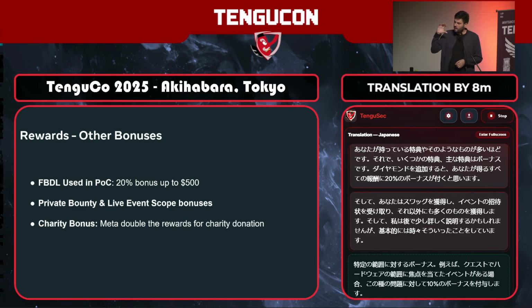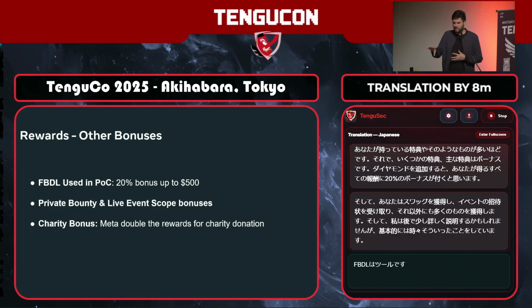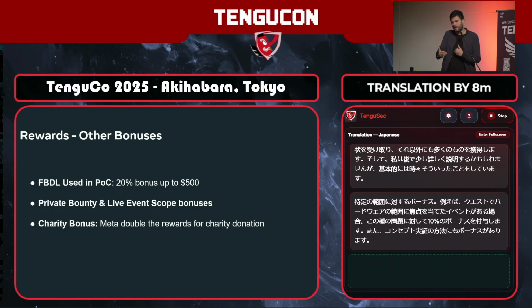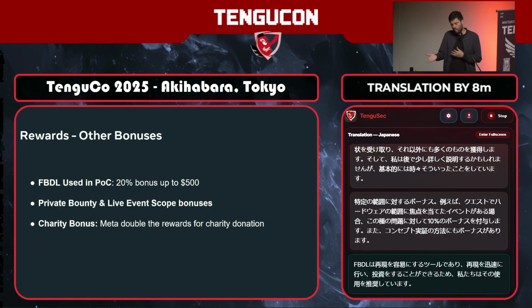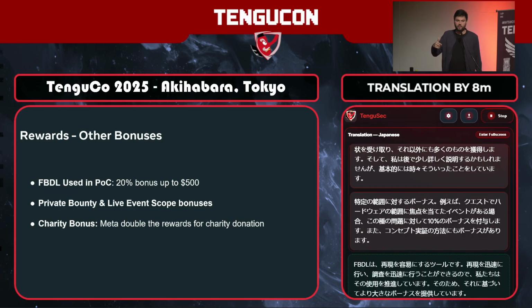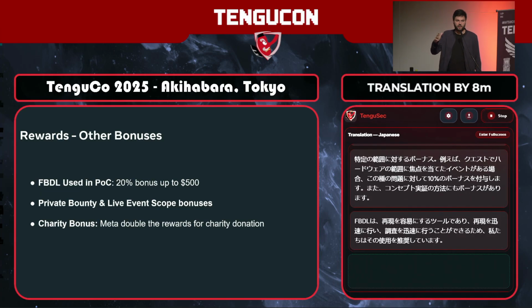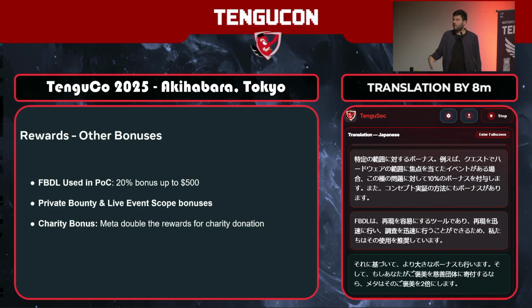FBDL is a tool that can make reproduction easier, and we incentivize using it because it makes reproduction faster and investigation faster. So we do award a bonus also based on that. And if you give your reward to charity, Meta will double the reward, and the charity of your choice will be given twice the amount that you wanted to give originally.